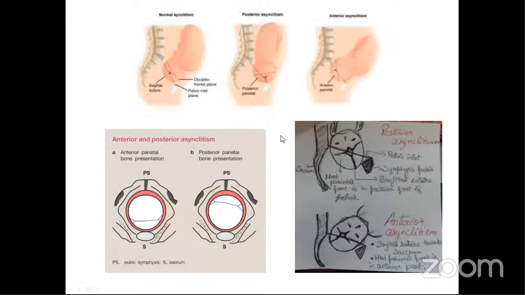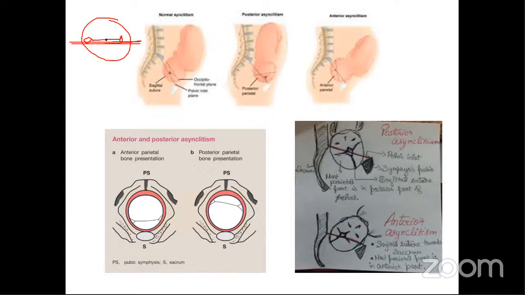See, what happens in the normal engagement is that you can imagine, though this picture is not very clear, that this is the pelvic cavity when you're doing a pelvic examination, and when the head engages, the sagittal suture should be corresponding to the transverse plane of the maternal pelvis.